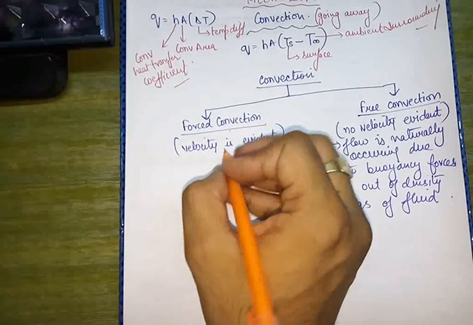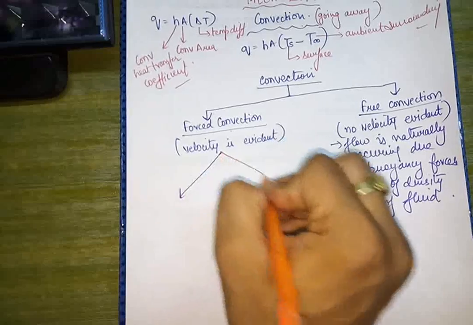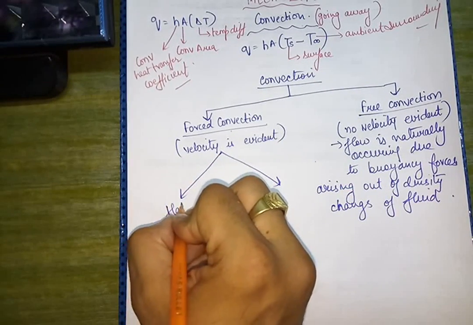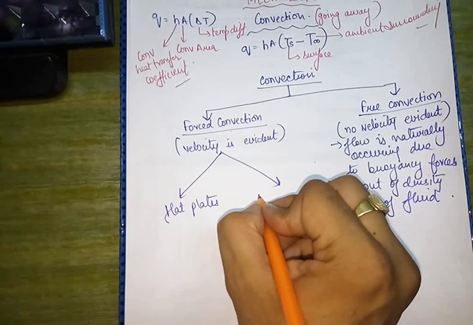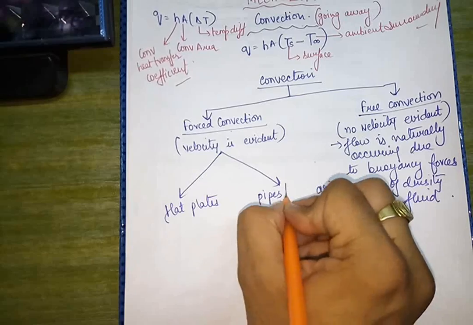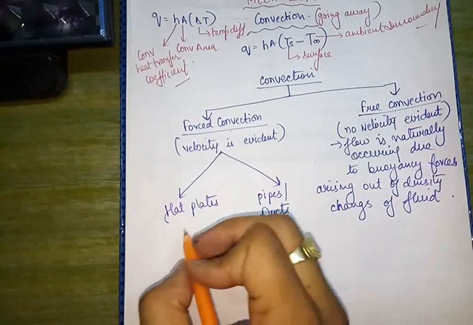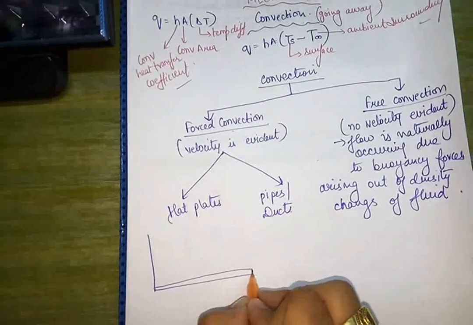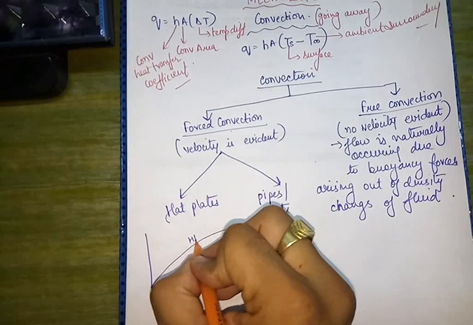Now in case of forced convection we will study two main cases: first, flow over flat plates, and second, flow through pipes or ducts. Here, if this is a flat plate, there will be a formation of HBL.